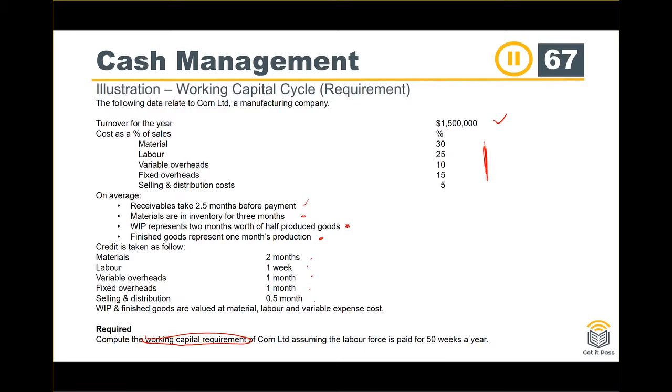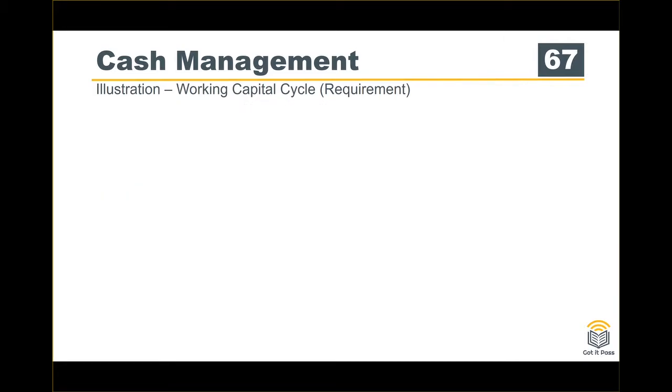So the first step is to find out the annual cost incurred, because it's only a percentage. The first step is find out the cost. Materials is 1.5 million times 30%.